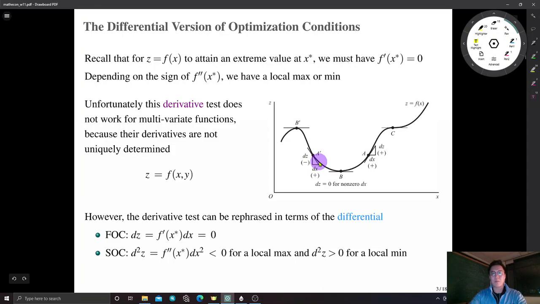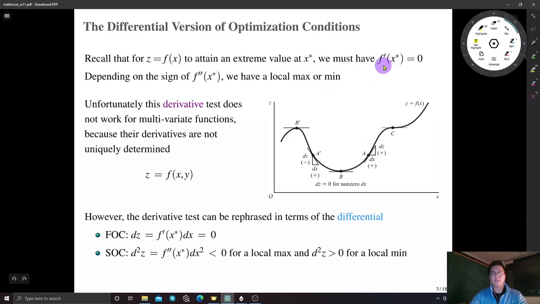At another point, the derivative is positive, meaning that the function is increasing in this neighborhood. If we increase the size of x, then the function is increasing, so it's not a local max. If we reduce the size of x, then the function is decreasing, so it's not a local min either, okay? So this is the necessary condition for an extreme value, okay?